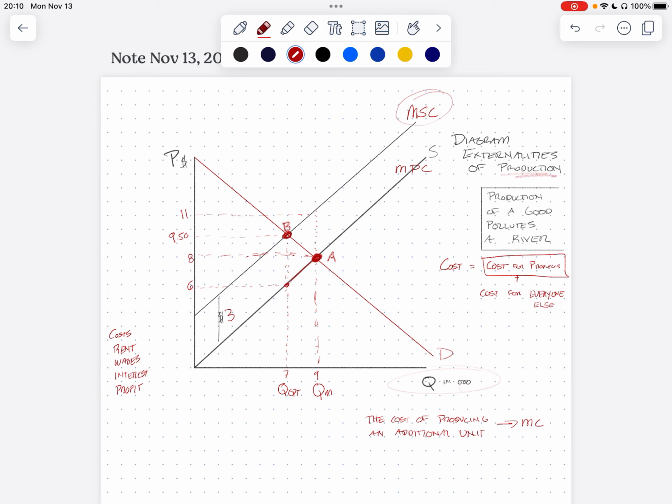The good or the service, in this case, is being overproduced. And we can see how much it's being overproduced by, because it's being overproduced by these 2,000 units. What is the impact that this is having on society?